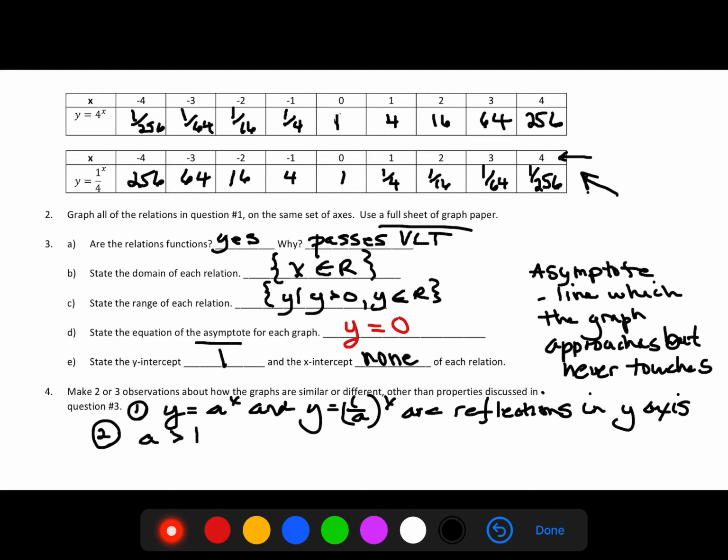A second thing that we want to notice is that if our base is greater than 1, so if we have 2, 3, 4, we have an increasing function.